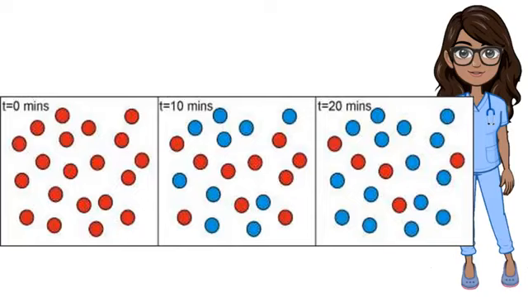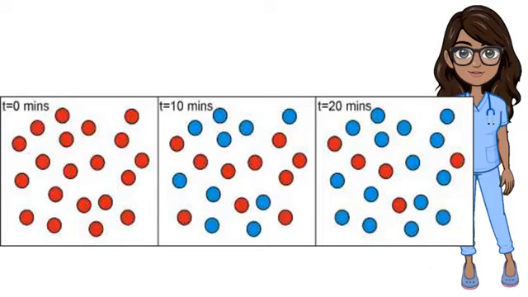Ten minutes later, at 20 minutes, 50% of the atoms of parent isotope have decayed, adding an extra 5 daughter isotopes. At t equals 20 minutes, there are 5 parent isotopes and 15 daughter isotopes. Notice that the number of radioactive decays, or parent changing to daughter, is not a set number for a given time period.